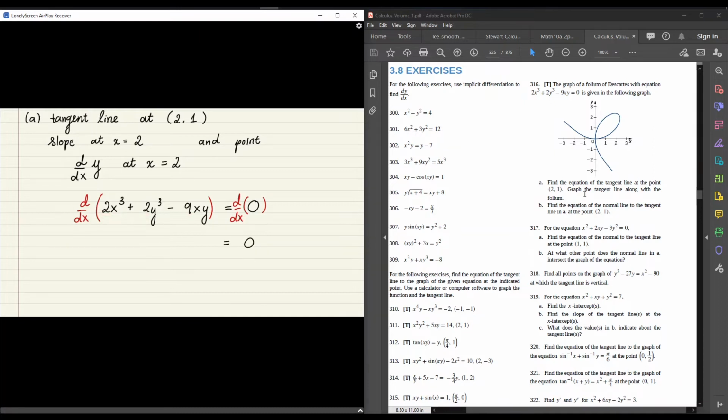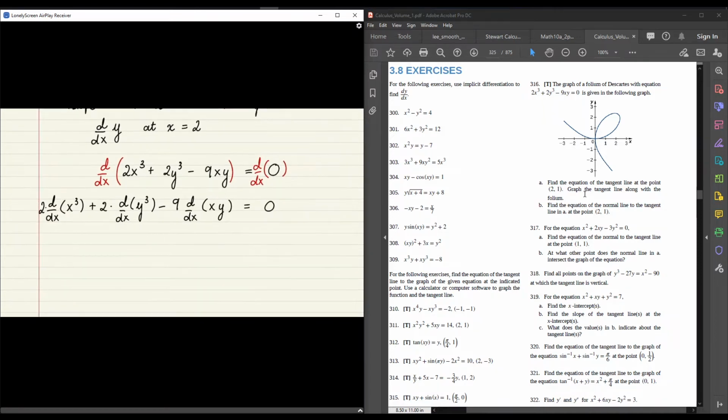So I will have 2 times d/dx of x cubed plus 2 times d/dx of y cubed minus 9 times d/dx of x times y. Well, the derivative of x cubed is just 3x squared. There's nothing special about that. So we got that this is 2 times 3x squared.